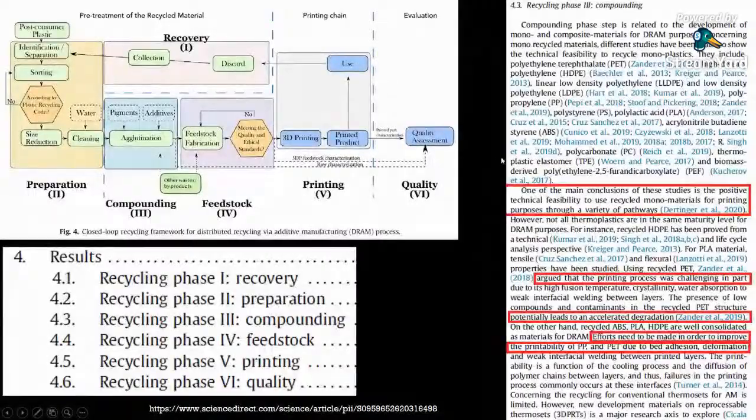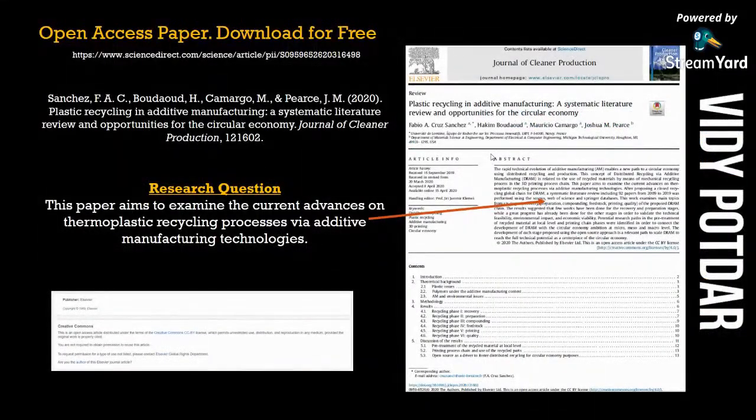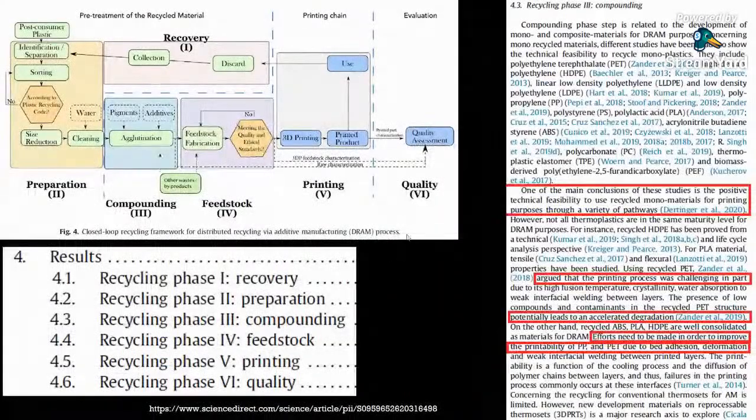Okay, so this is the third paper that I wanted to discuss with you today. In this paper, you can see they have used a framework, 6 categories, to divide their literature.